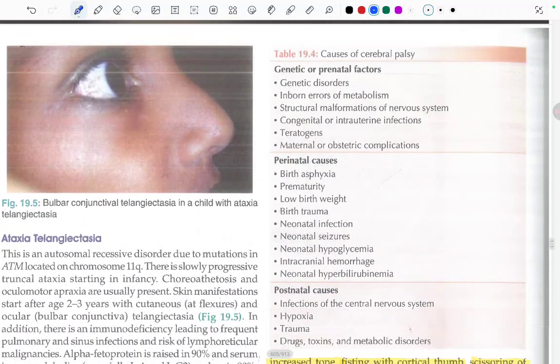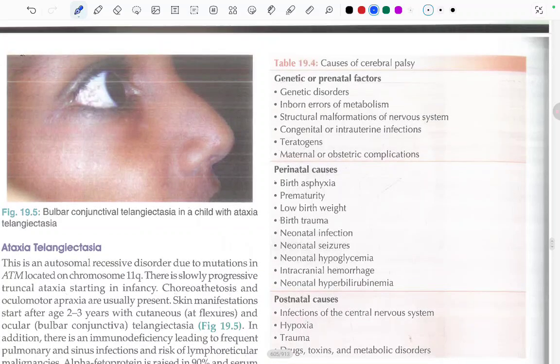Now let's read about the causes of cerebral palsy. First we will talk about the genetic and prenatal factors, then the perinatal factors and the postnatal factors. In the genetic or prenatal factors, there can be genetic disorder, inborn error of metabolism, structural malformation of the nervous system, congenital or intrauterine infections, teratogens, and maternal or obstetric complications.